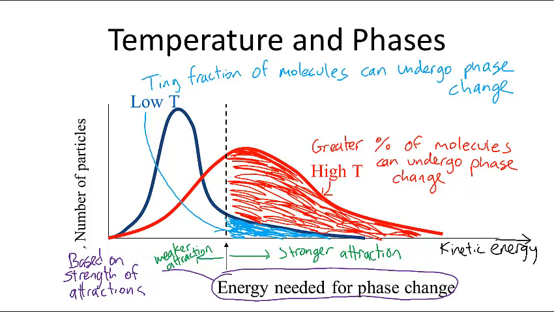And so as you get to a higher temperature, you shift this graph to the right. So you get more and more molecules that can undergo the phase change. And eventually you reach, say, the melting point or the boiling point where it's equally favorable for you to have the two phases at the same time.